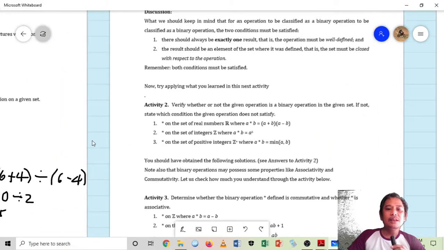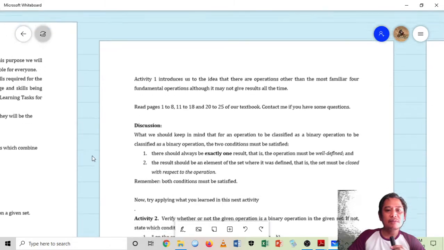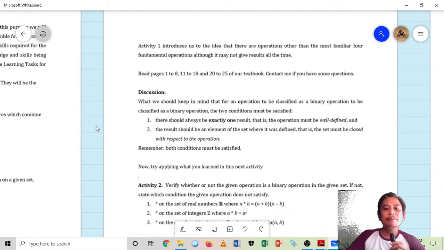In the next part of the learning packet, you were asked to read pages 8 to 11, and then 1 to 8, 11 to 18, and 20 to 25. We have already discussed what is written in pages 1 to 8.